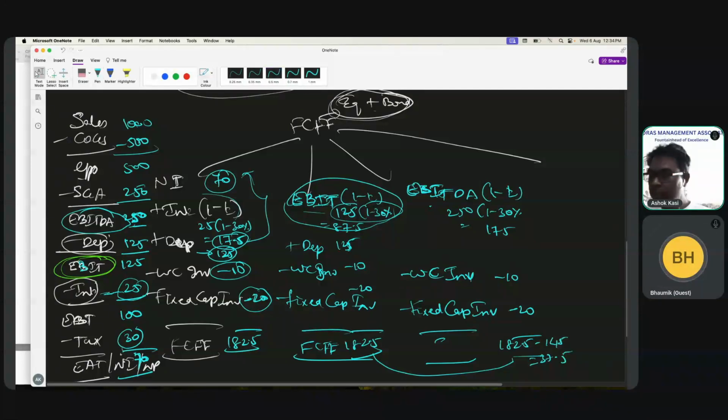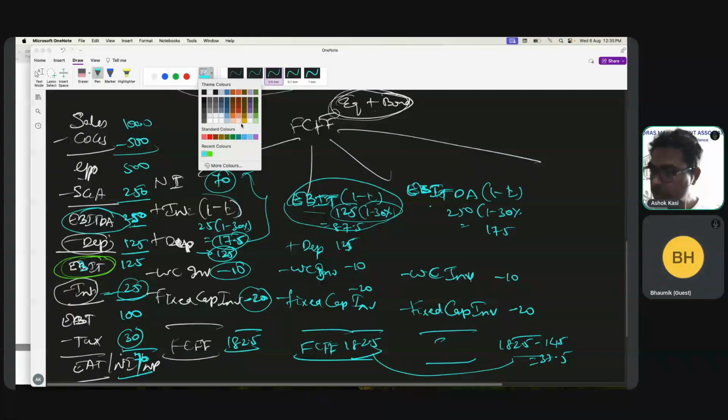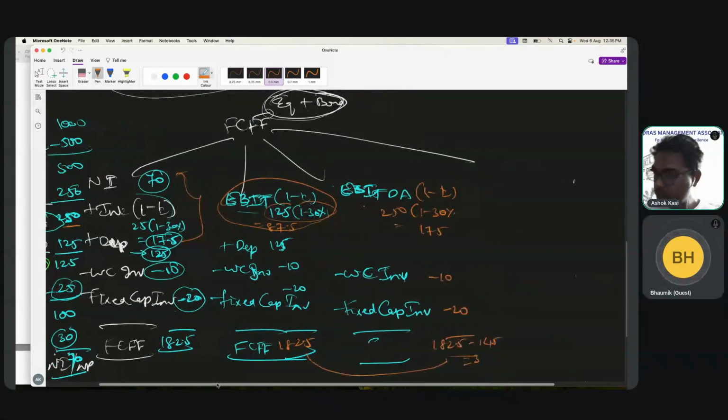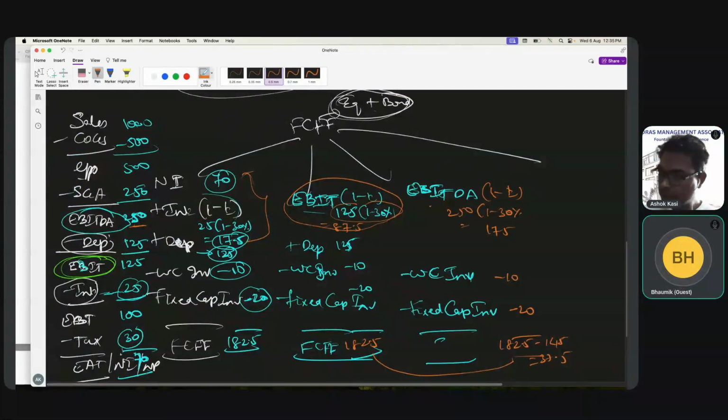So why is that 37.5 coming? Because I have EBITDA and I'm paying taxes on that one. I'll just write all these numbers.